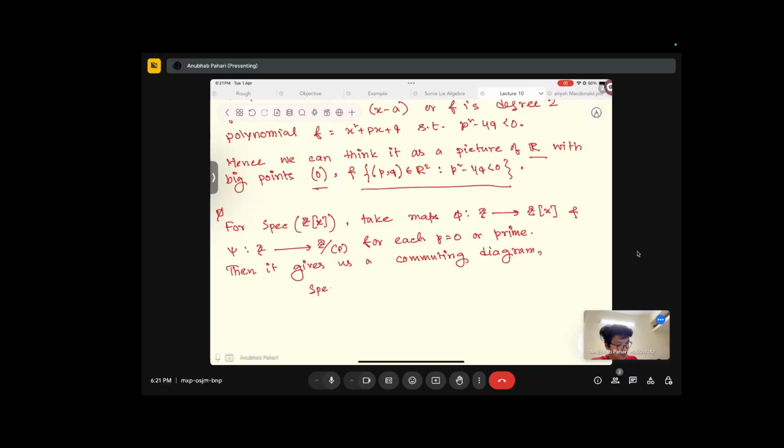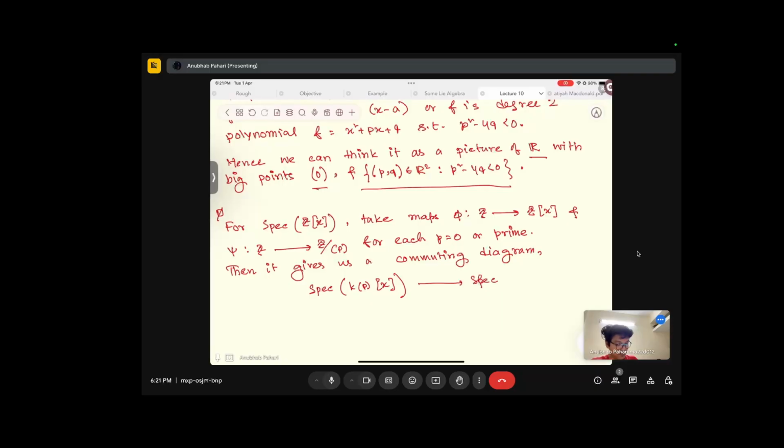Spec of kpx. Your kp is nothing but the field, that is Z by p.